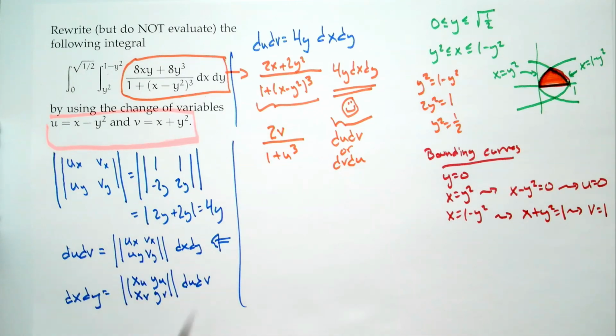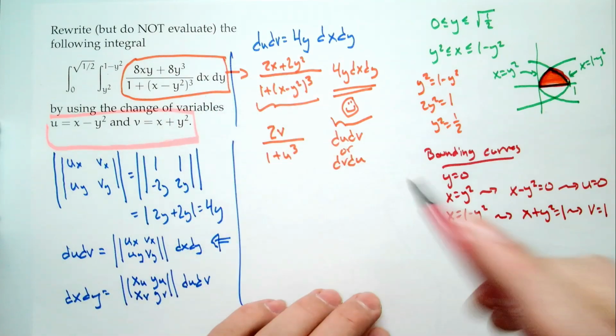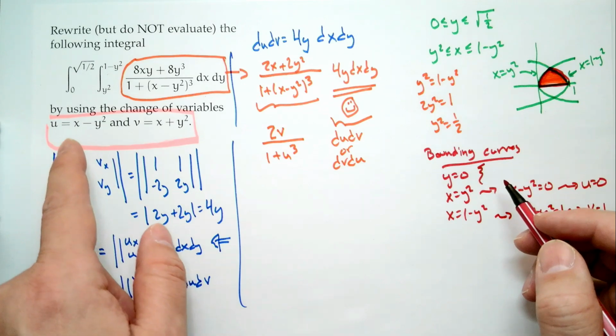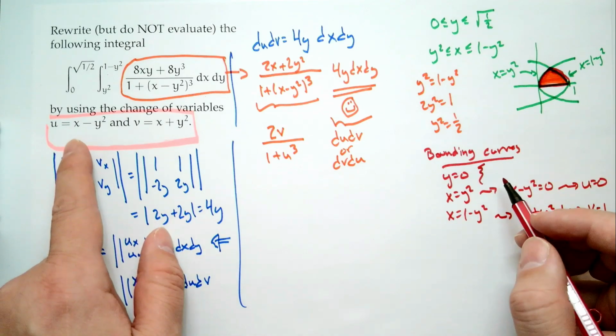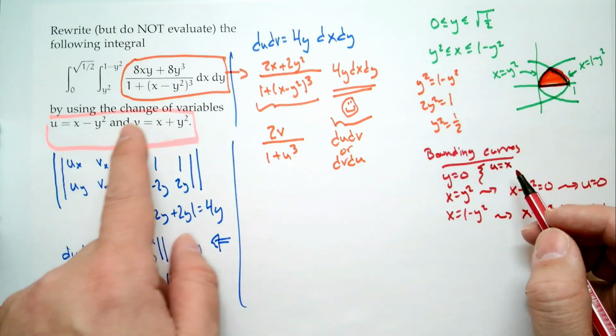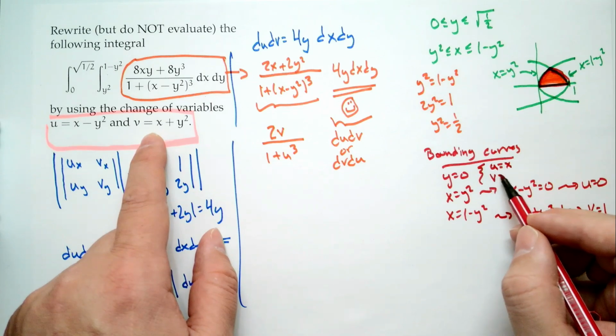Now you say, well, that's not so clear. But let's take a look at it for just a second. If I don't know what to do, we just plug y equals 0 into both expressions and see what happens. When we plug y equals 0 into the first expression, we get u equals x. If we plug y equals 0 into the second expression, we get v equals x.